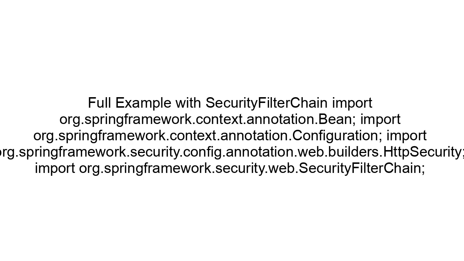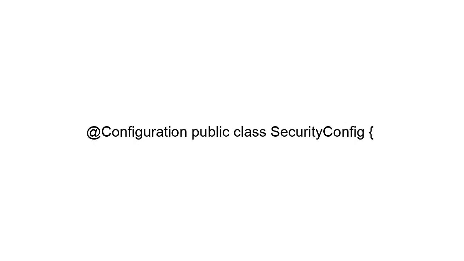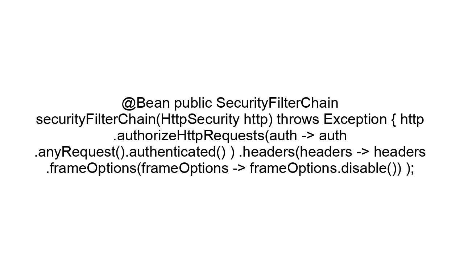Full example with security filter chain. Import org.springframework.context.annotation.Bean. Import org.springframework.context.annotation.Configuration. Import org.springframework.security.config.annotation.web.builders.HttpSecurity. Import org.springframework.security.web.SecurityFilterChain. @Configuration public class SecurityConfig, @Bean public SecurityFilterChain securityFilterChain(HttpSecurity http), http.authorizeHttpRequests, any request authenticated. headers frameOptions disable.